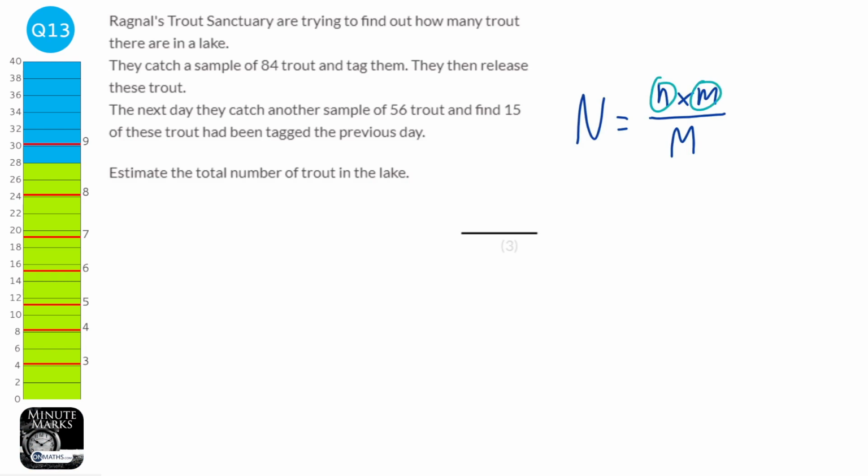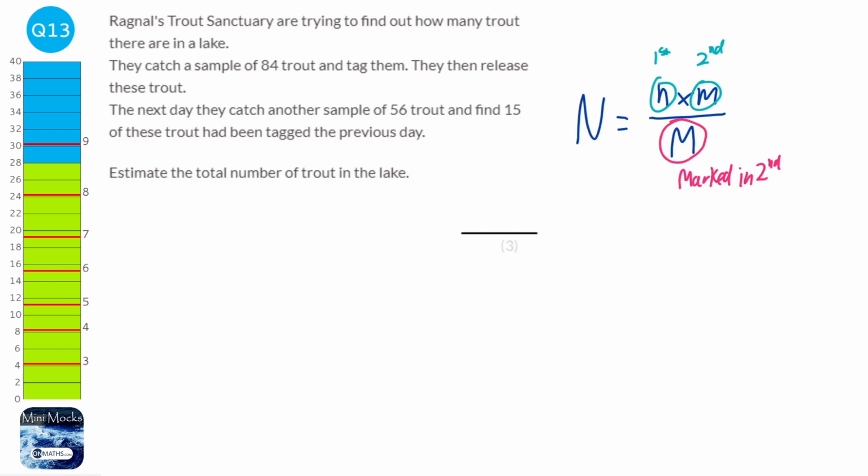Okay, so they're the size of each sample, and this big M here is the amount that were marked in the second sample. Okay, so n is the first sample, m is the second sample size, and then M is marked, so marked in the second sample, because obviously you're going to mark all of them in the first sample.